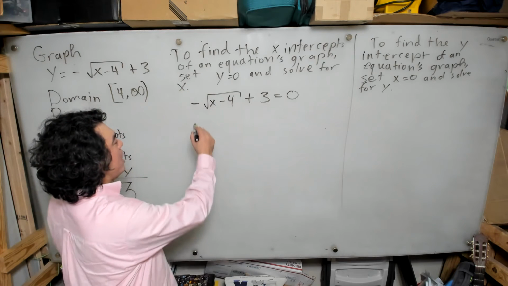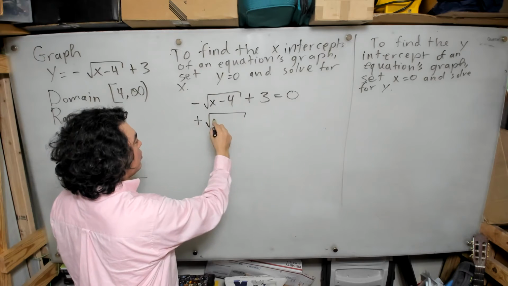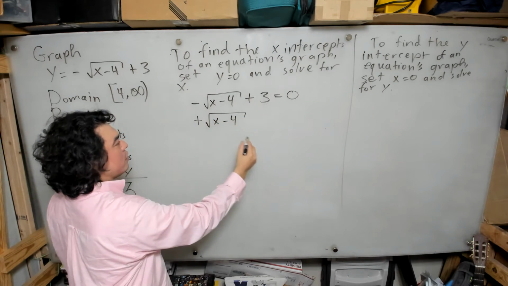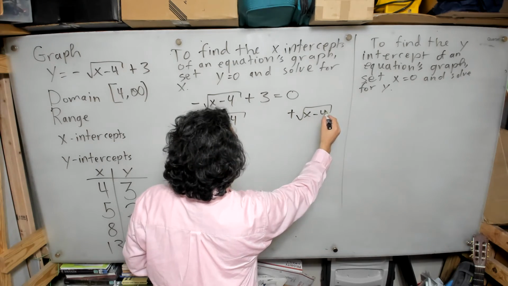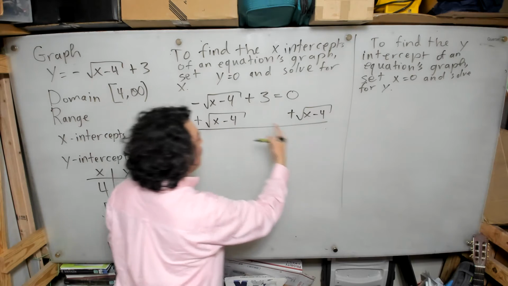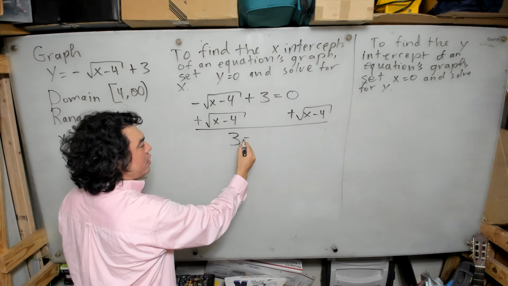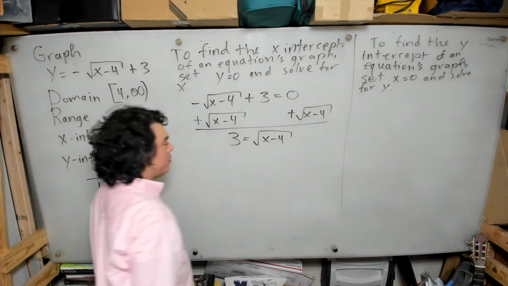So I can just add it to the other side, and then I'm left with 3 equals the square root of x minus 4, okay?